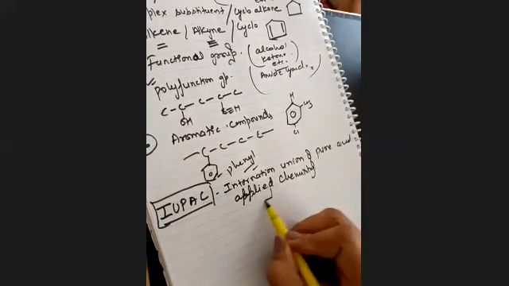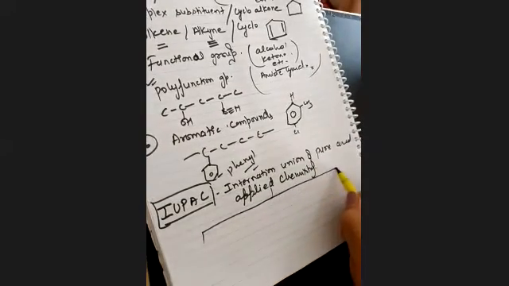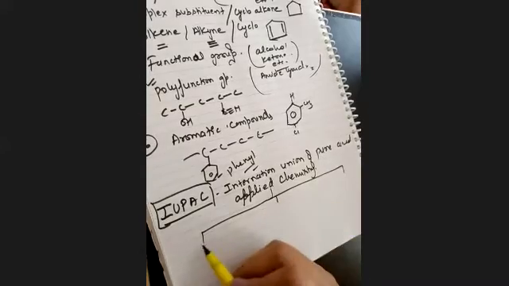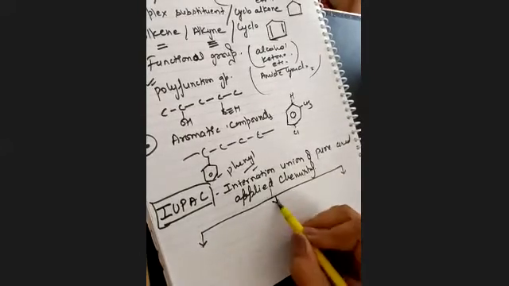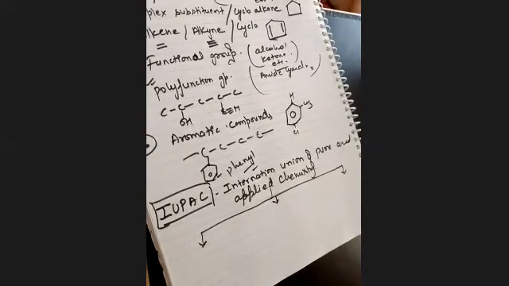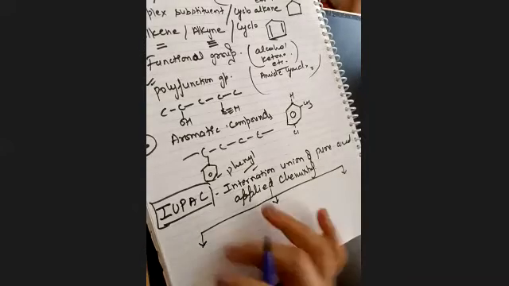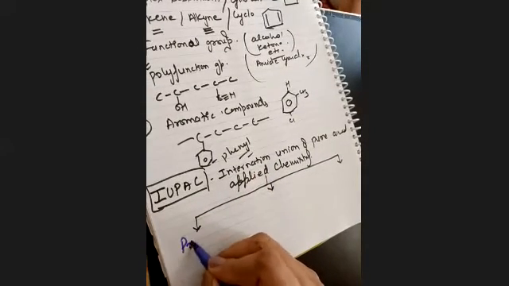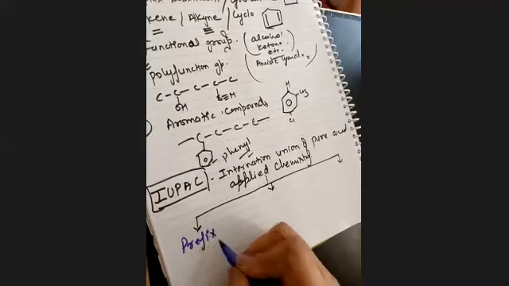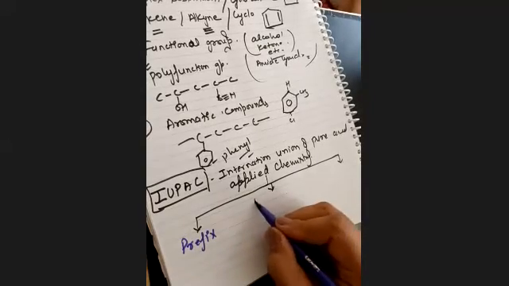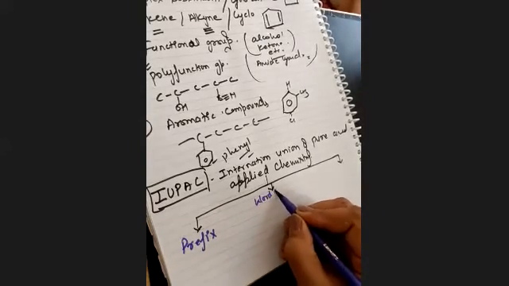Now, this IUPAC have divided the entire compound into three basic forms, which we used to consider. The first one is prefix. Second one is word root.